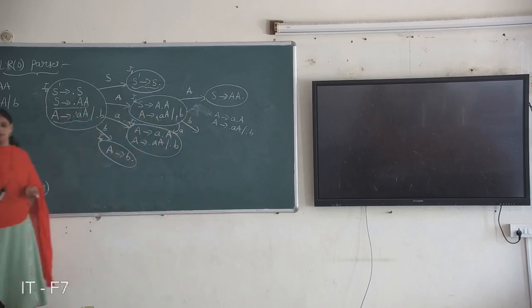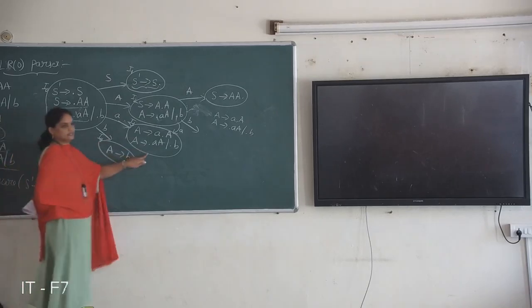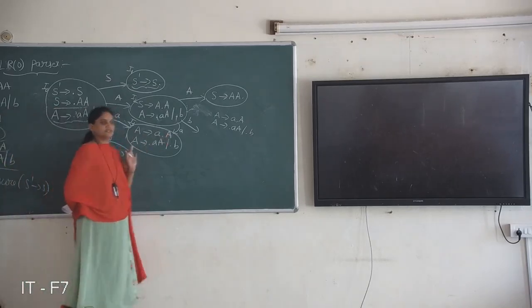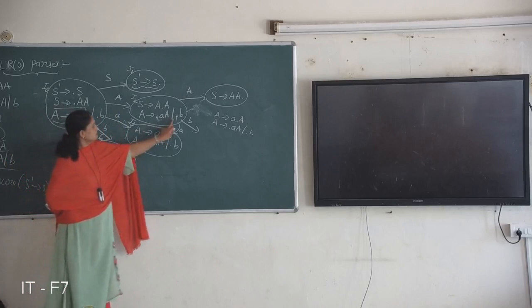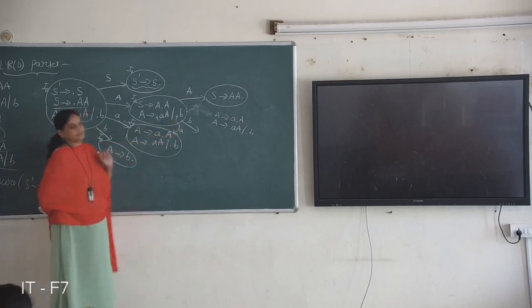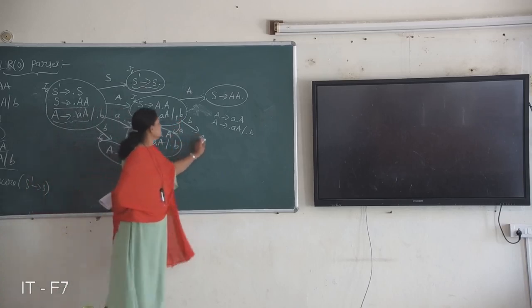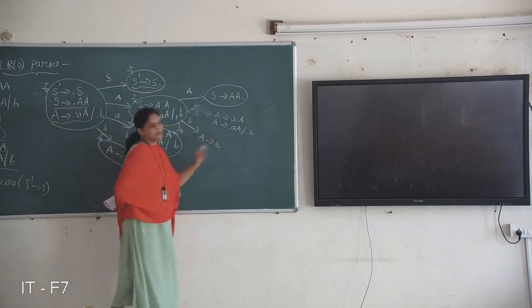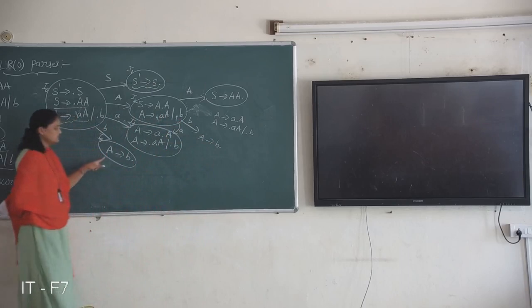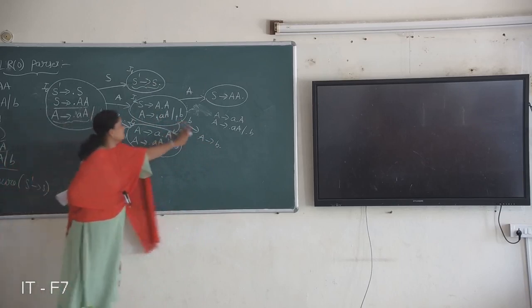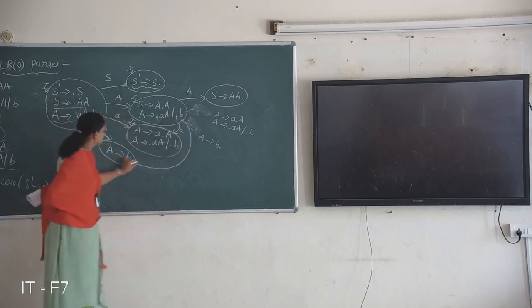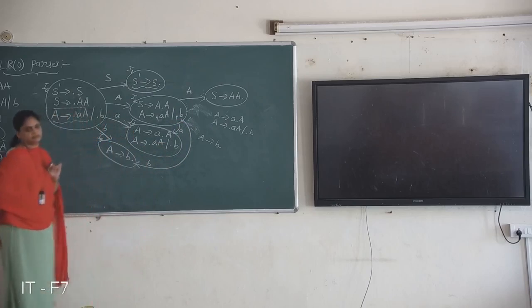No need for a new state. Since an already existing state occurs, it goes directly to that state. On the symbol a it goes to this state. Okay, next do the transition on b. It gets A derives b dot, right? A derives b dot. That also already exists, so on b it goes to this.